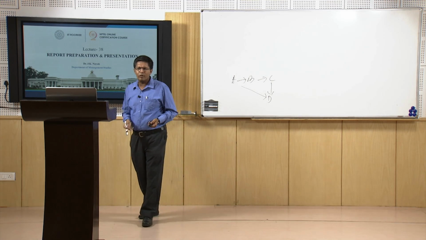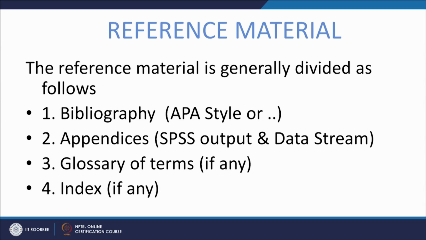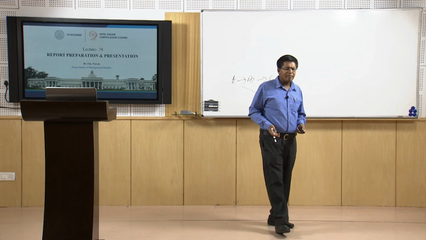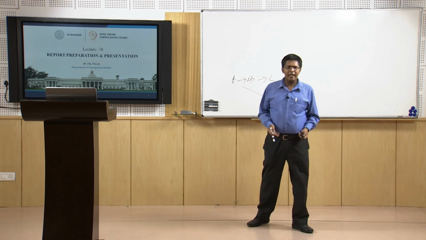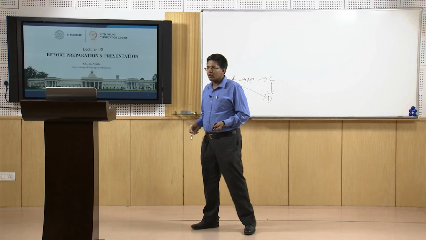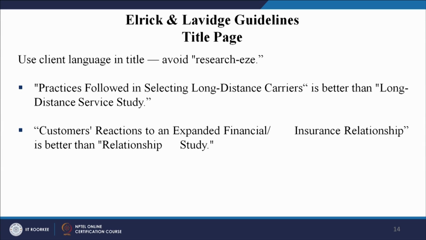The appendices should have your tables, the output data sets and all these things. Glossary of terms if any, right, and indexing if you have done any. So, these are all part of the reference material stage.